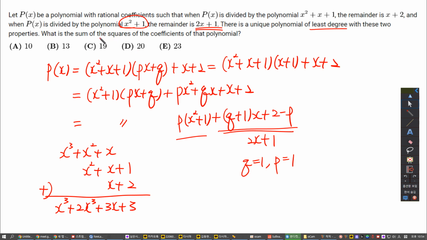So if we make the sum of the squares of the coefficients, so 1 squared, 2 squared, like this. What's the sum of this? 23. Yeah, 23. So the answer is E.